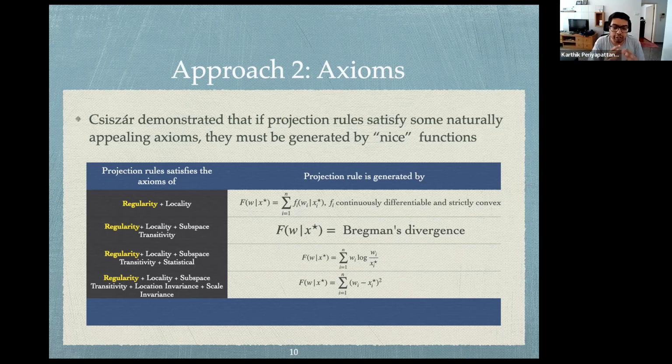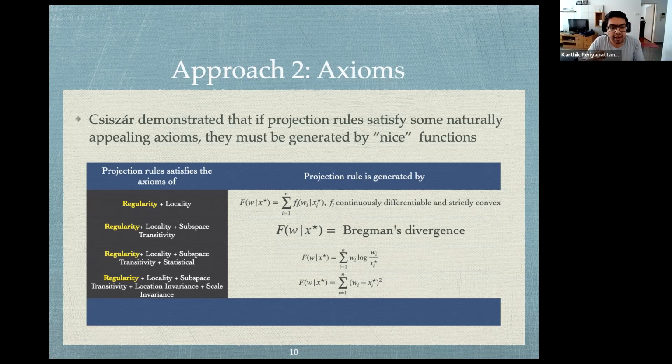So the point of this work is that whenever we want to choose some natural candidate functions for minimization and picking good solutions to a set of linear systems of equations, we should be very careful what these projection rules are bringing with them. In the background, they have a lot of set theoretic properties such as regularity, locality, subspace transitivity, etc.